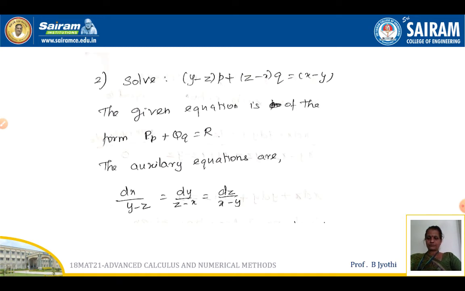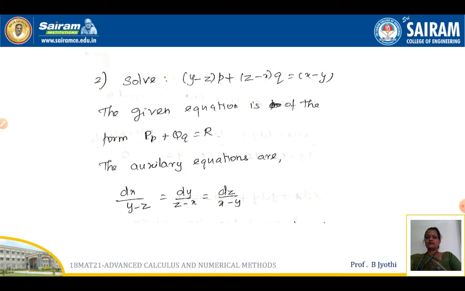Third equation. y minus z into p plus z minus x into q is equal to x minus y. The given equation is of the form Pp plus Qq is equal to R, whose auxiliary equation is dx by y minus z is equal to dy by z minus x, which is equal to dz by x minus y.